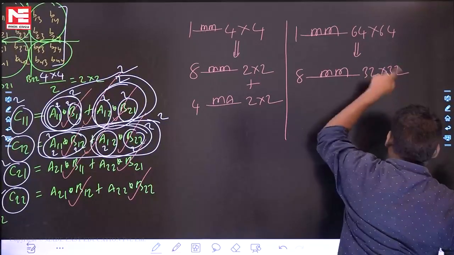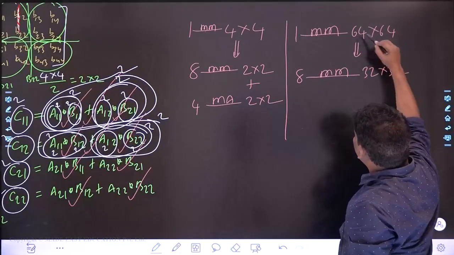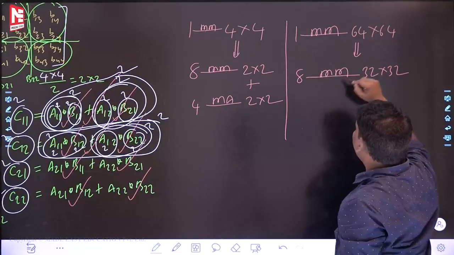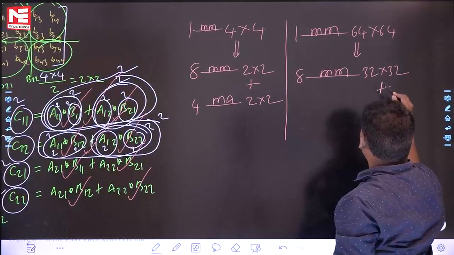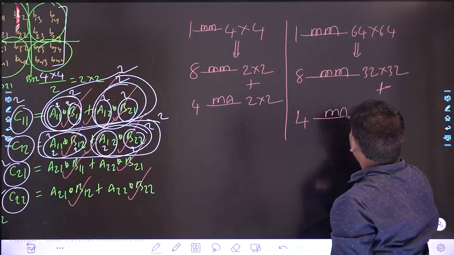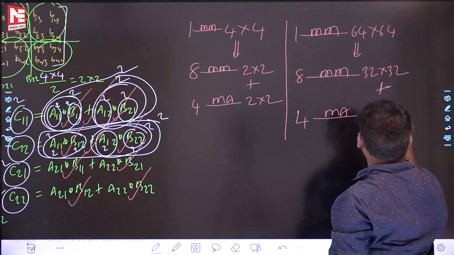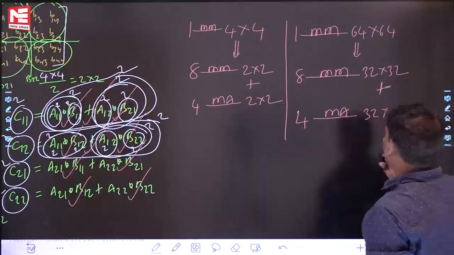How will they be done? They internally call, you don't bother. So 1 matrix multiplication of size 64 by 64 is equal to 8 matrix multiplications of size 32 by 32 plus 4 matrix additions of size 32 by 32. I'm thinking you are okay with this also.